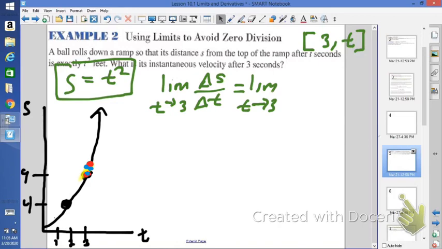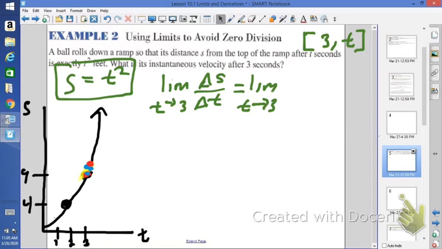So we want t to be as close to 3 as possible to get our exact answer. So we're going to take the limit as t approaches 3 of our change in s over our change in t.